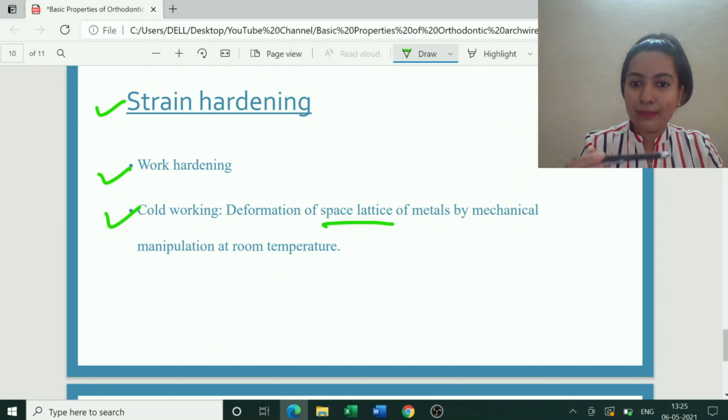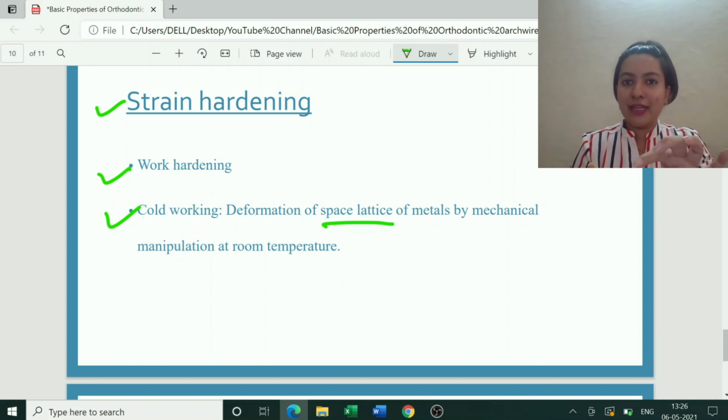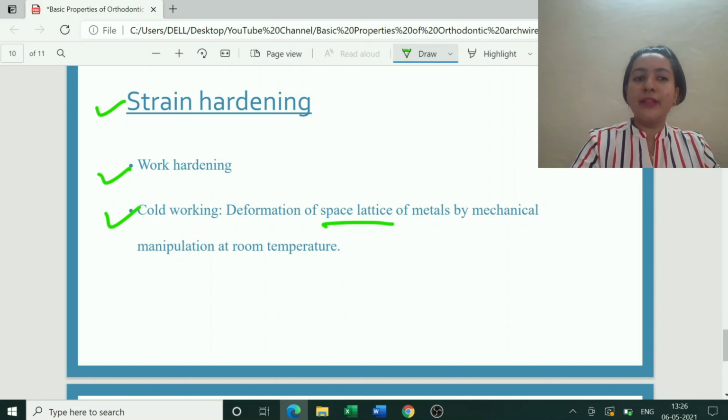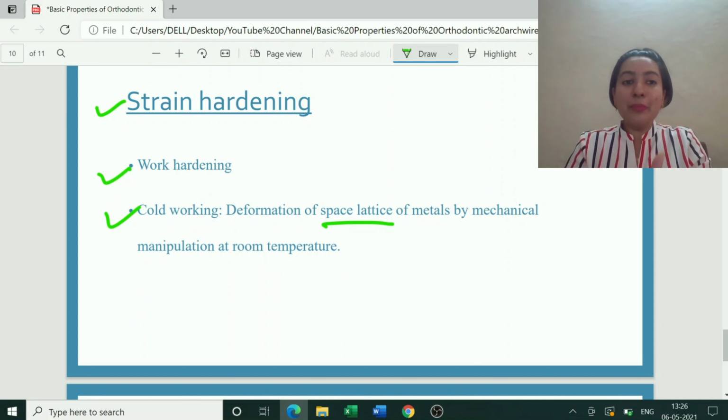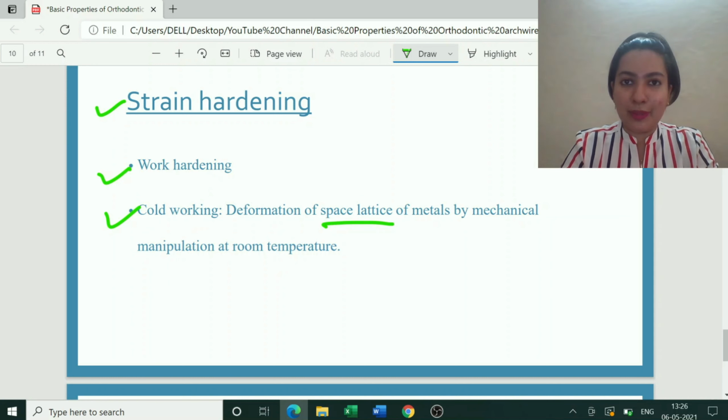This is the metal and space lattices are there. They are getting deformed. So the thing which you are doing is cold working, or work hardening, or strain hardening. Now let me help you relate this concept. Suppose you have straightened a wire now. You have induced all the stresses into the wire by mechanically manipulating it at room temperature.